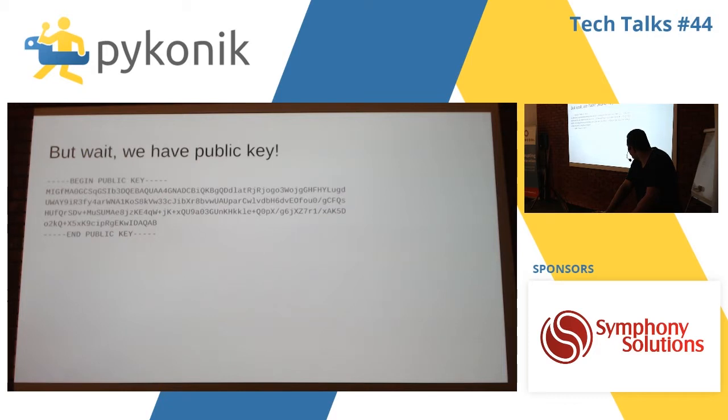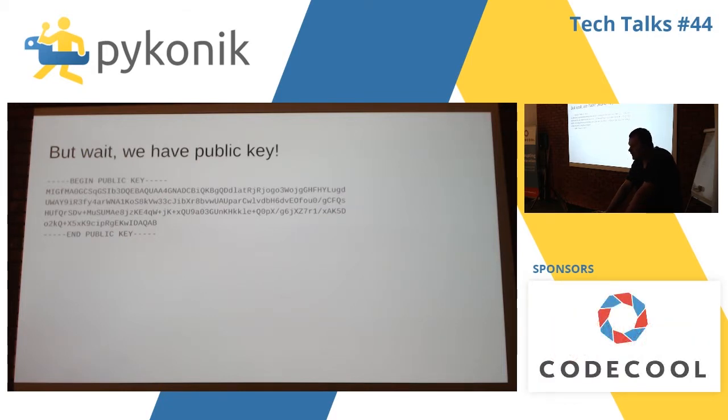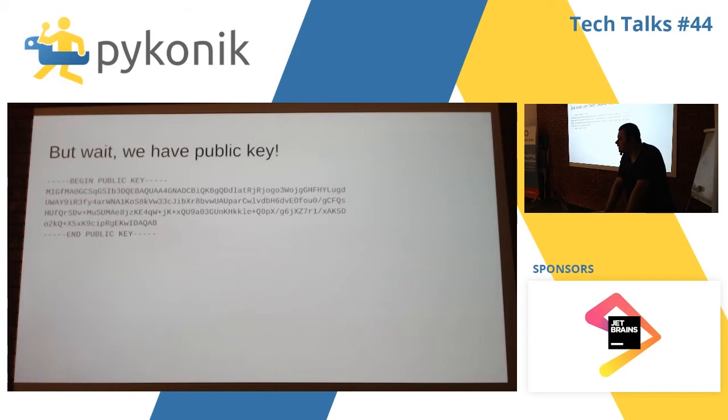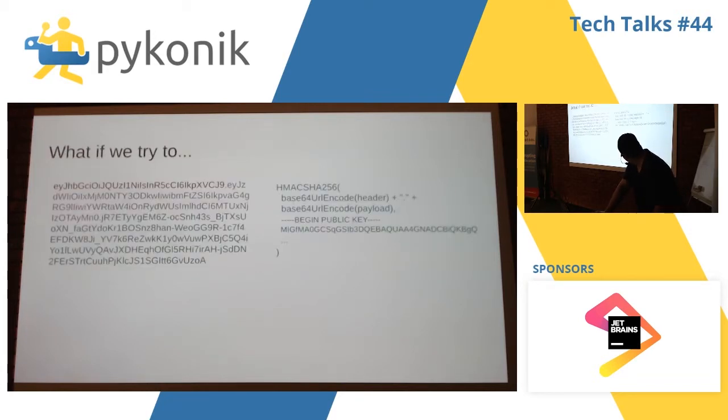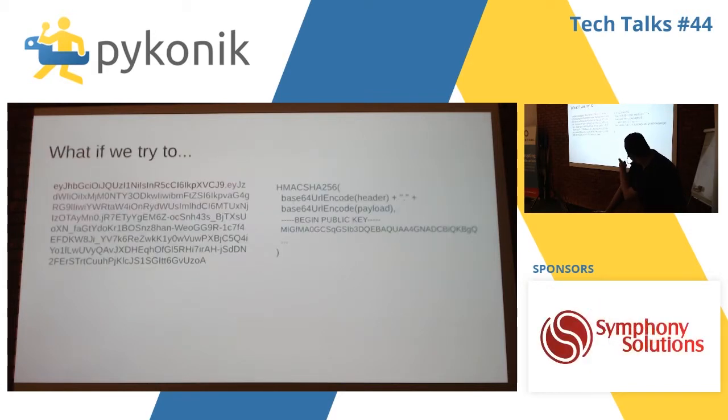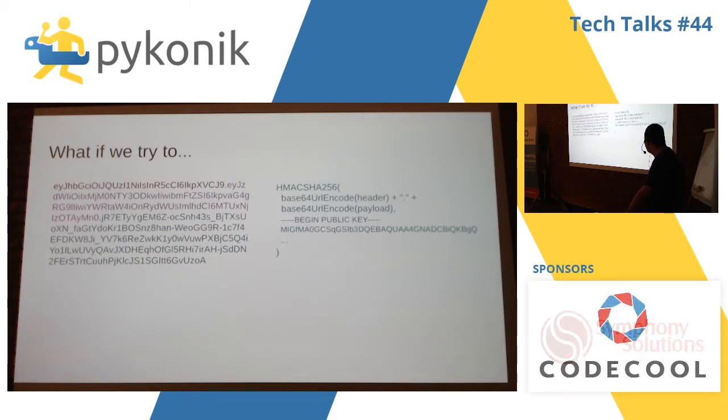But wait, we have the public key. What can we do with public keys? Well, computing the private key from the public key is not easy, but all we know is that the server side knows that public key. So, what if we try to create an HMAC SHA-256 signature using this public key as our secret?